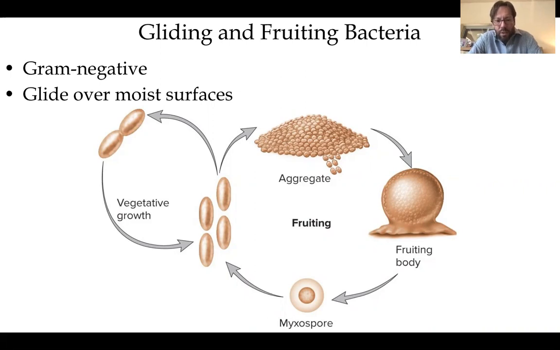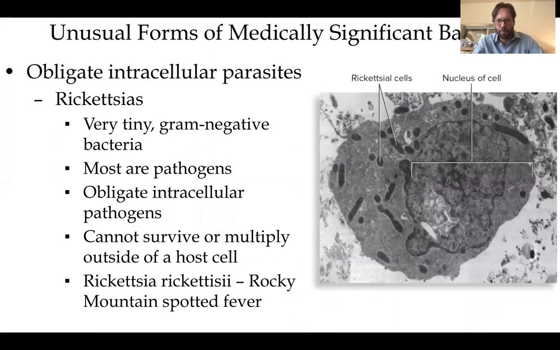And then that forms a myxospore, and then it opens up and releases the vegetative cells to go and do it over again. Okay. Not super common, but nonetheless worth mentioning.